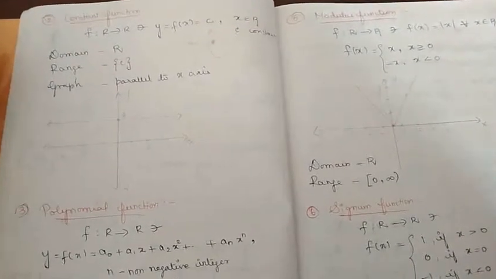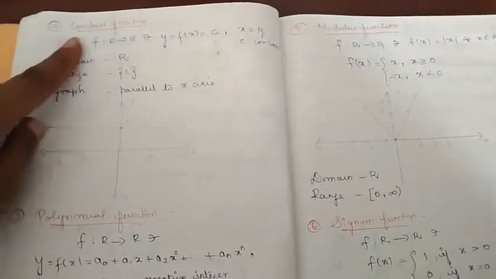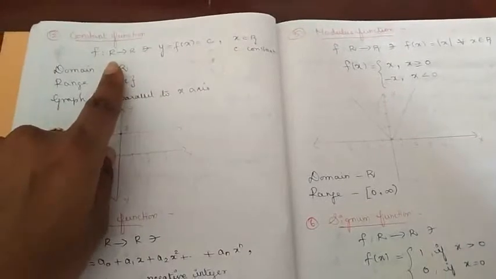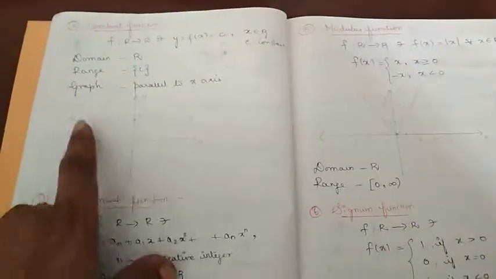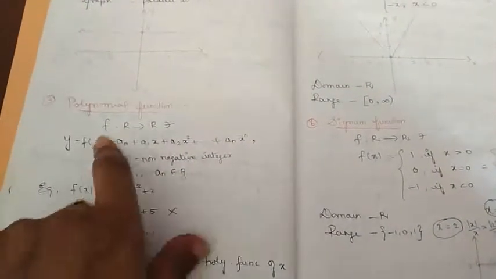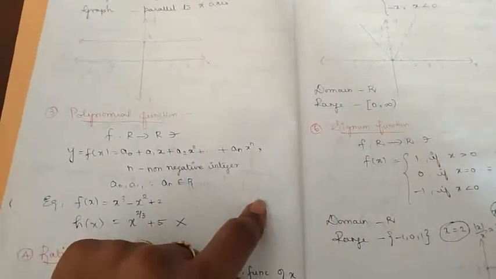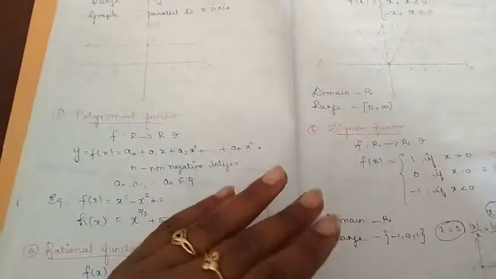Like that you may get questions, right? So you have to be aware of the definition of the function. Constant function means all the elements in the domain will map to a single element like this. Then polynomial function, we know, right? The element will map to a polynomial. And the graph of this, if it is going to be quadratic, will be a parabola, opening upward or downward, rightward or leftward.